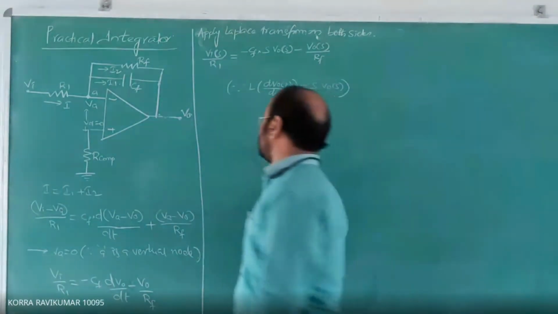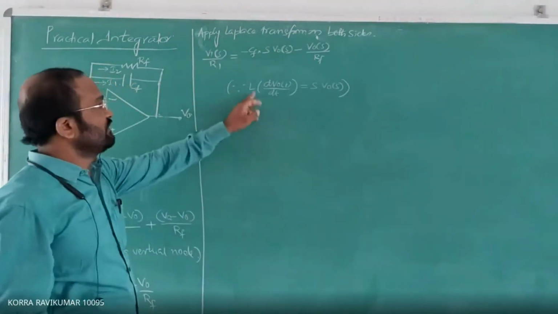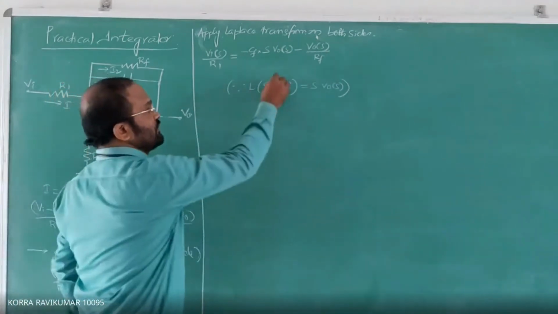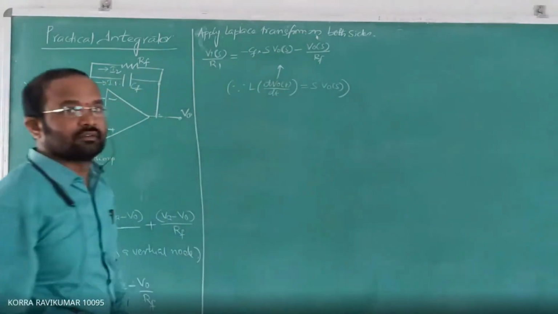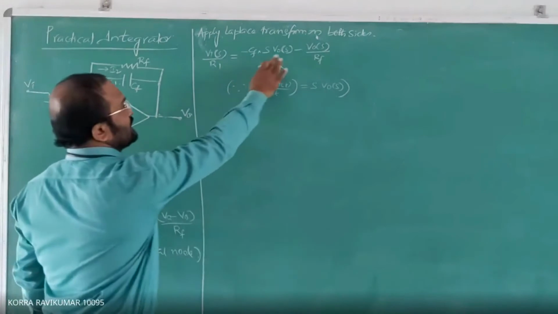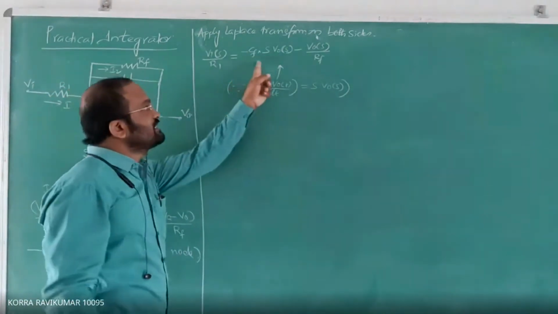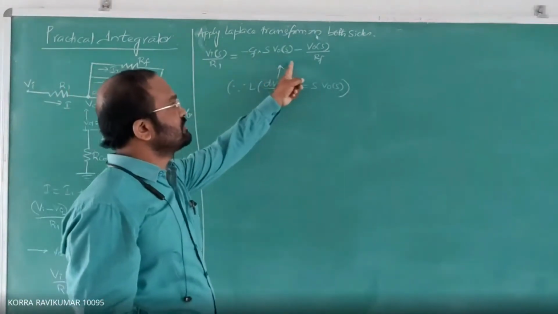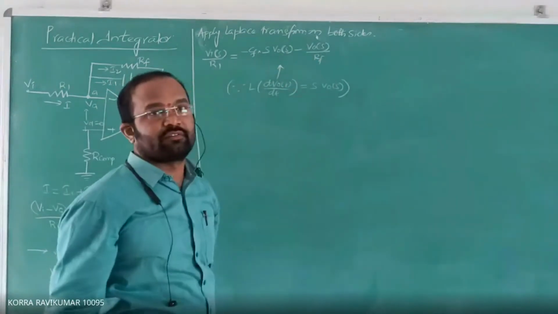Right? Now we have applied the concept here. This formula, that's it. Then look at the expression here: minus CF into s V0(s) minus V0(s) by RF.